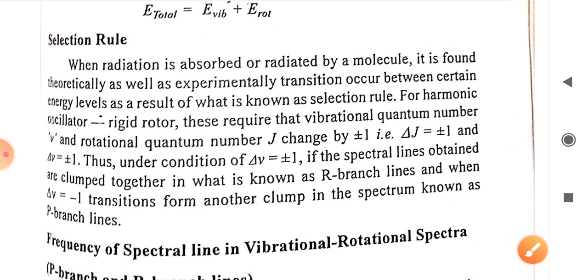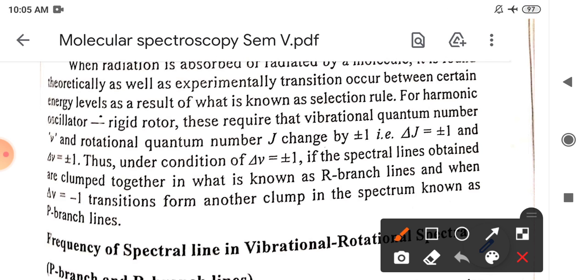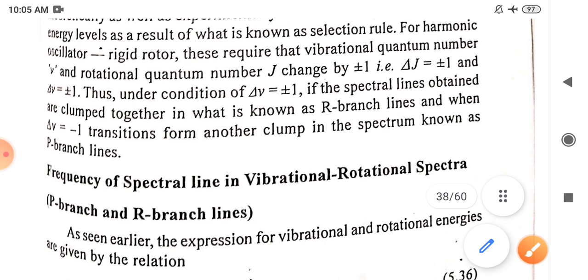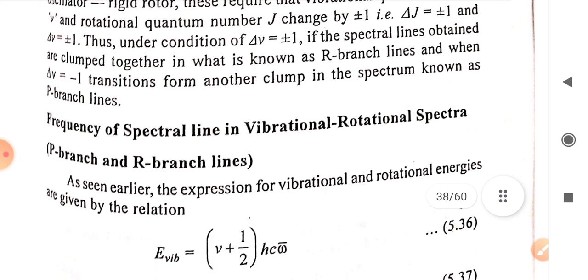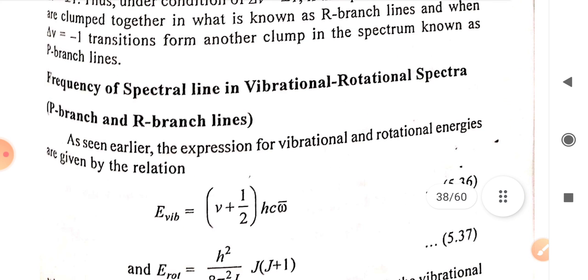Depending on which type of rotation is taking place, there are two types of lines: R branch lines and P branch lines. The transitions and selection rules can be applied to find the P branch and R branch in the given rotational-vibrational spectra.